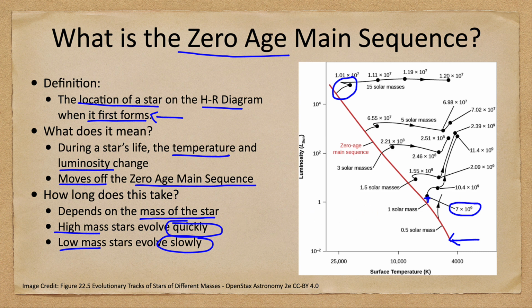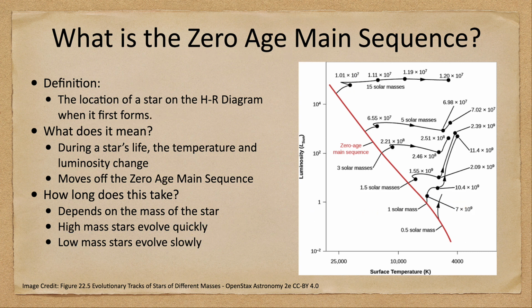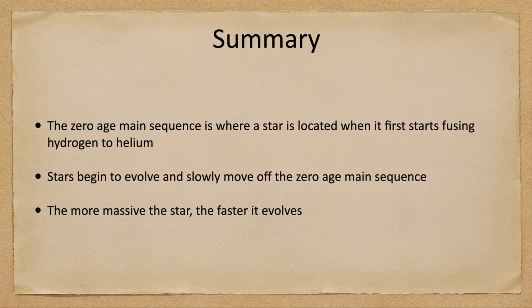So let's go ahead and finish up with our summary here and talk about what we've looked at. What we've talked about is that the zero age main sequence is where a star is located when it first starts fusing hydrogen into helium, when it first becomes a star. When we look at stars of all masses, that gives us the entire zero age main sequence.